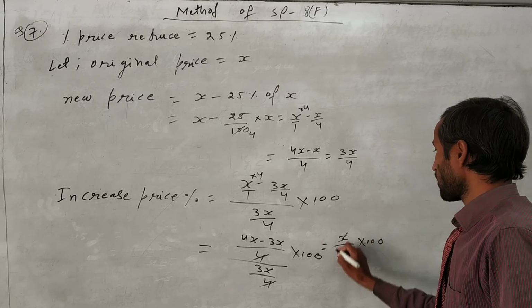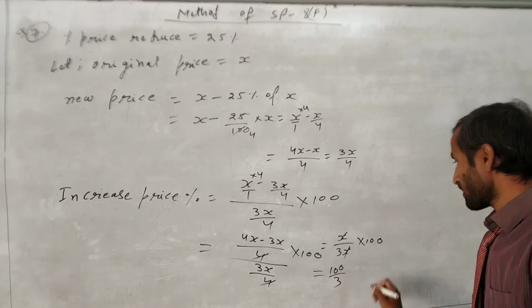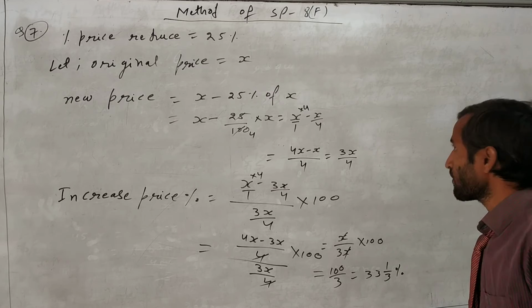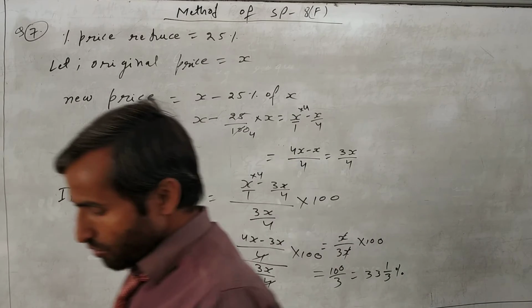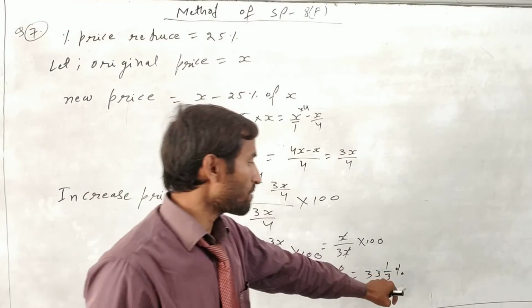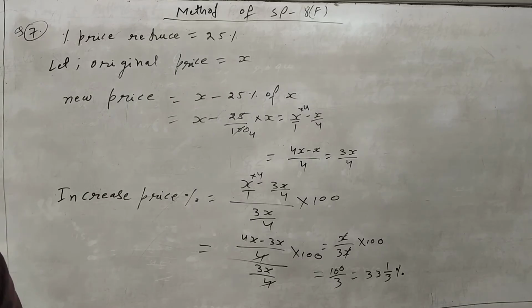Now x will cancel out, it will come 100 upon 3. Then we convert it to a mixed fraction, it will come 33 whole 1 upon 3%. So this is the final answer. We have to increase by 33 1 upon 3%, then it will come back to the original price.